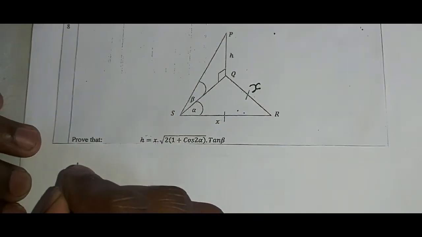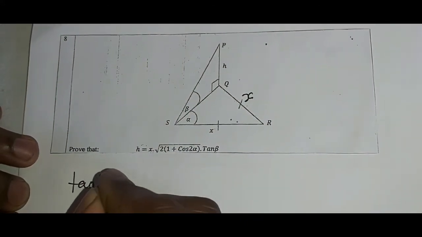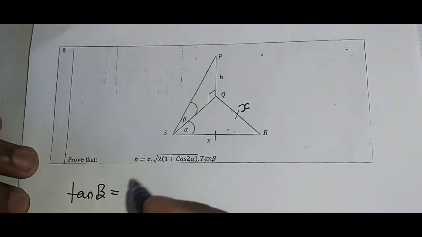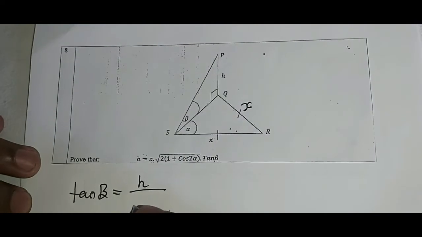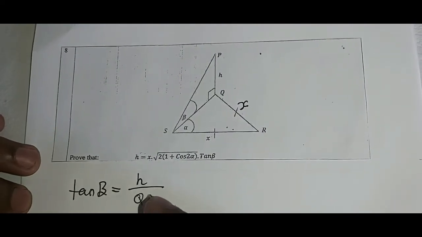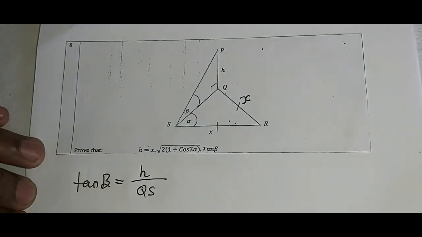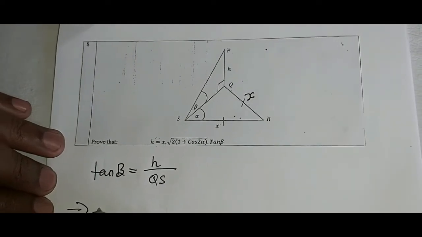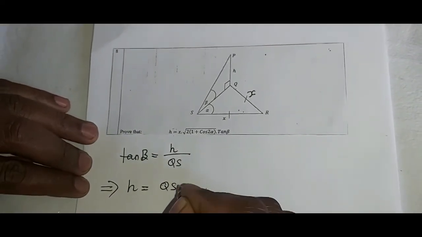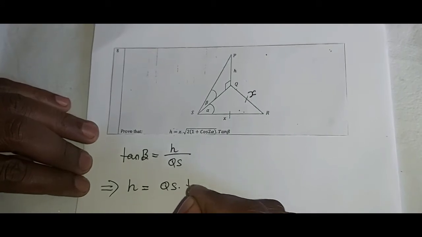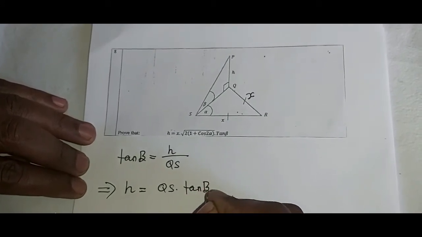That is, tan beta is equal to opposite, that is H, over our adjacent QS. Since we are looking for H, it therefore means that H is equal to QS multiplied by tan of beta.